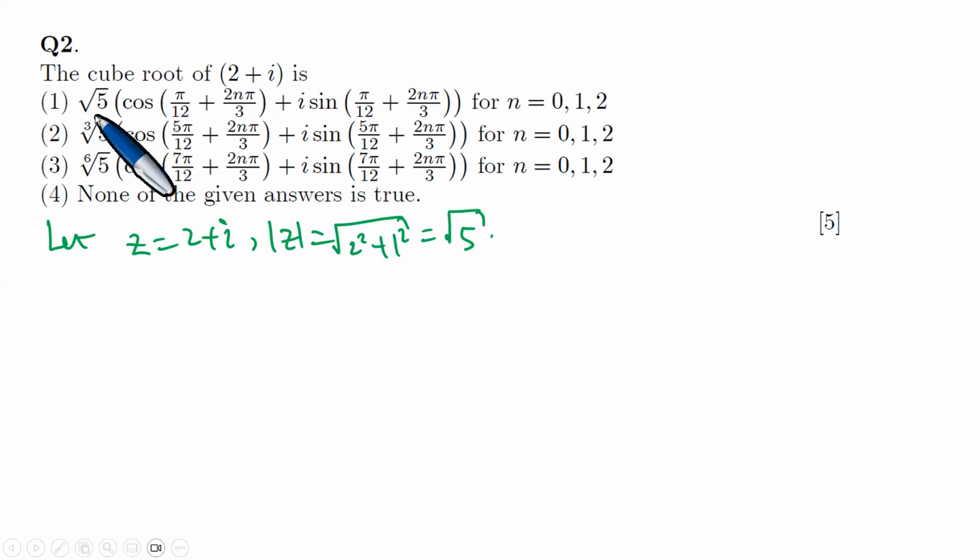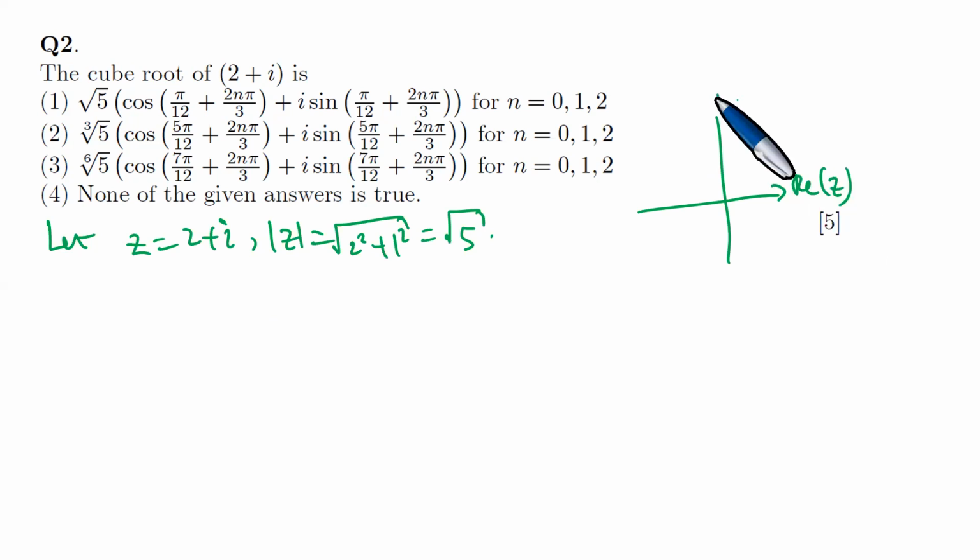The real part of z, the imaginary part of z. You measure this.